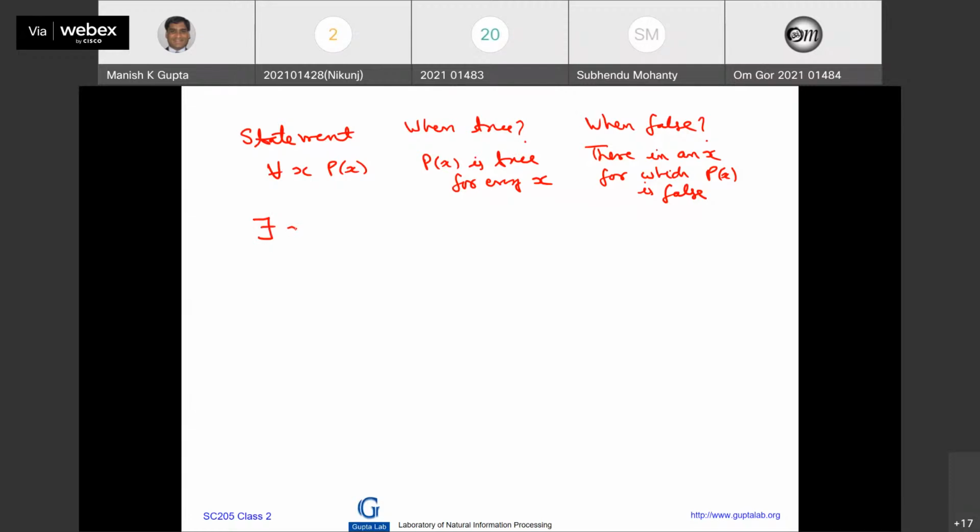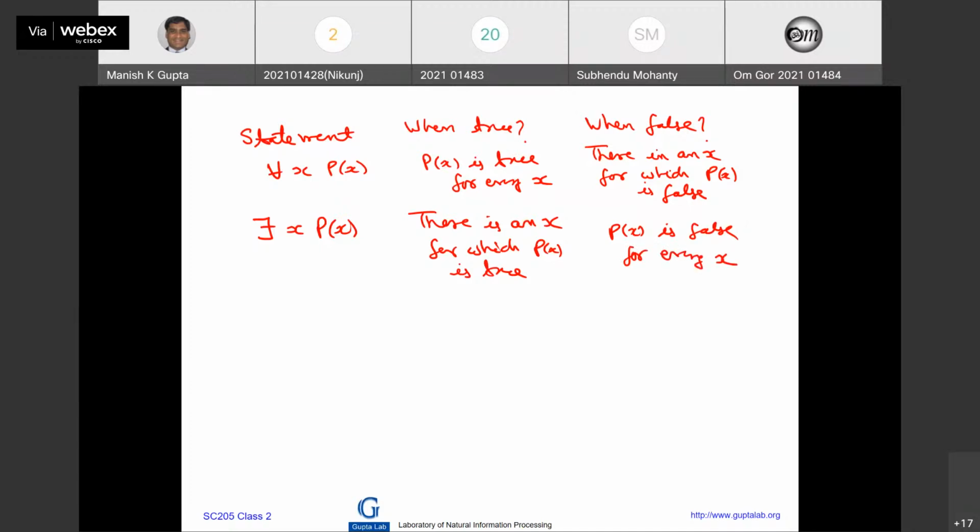And the statement there exists x such that P(x). So that means when true, there is an x for which P(x) is true. And when false, P(x) is false for every x.